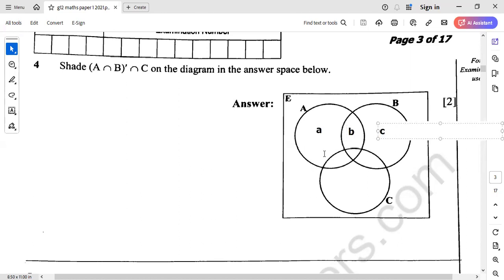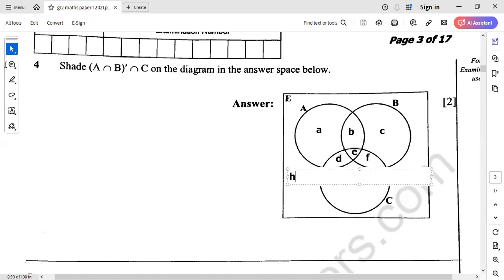Let's put a C. Let's put a D. Put an E there. We'll put F here. Then we put G. And outside we put H.